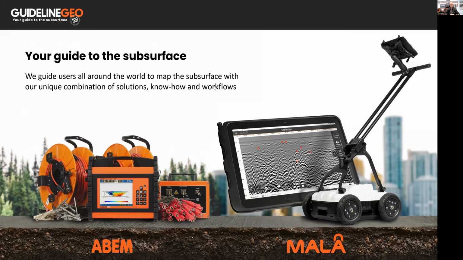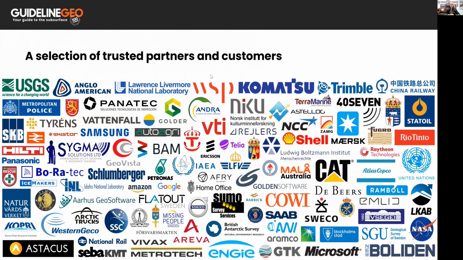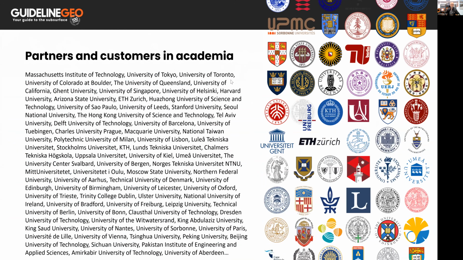So we've got two brands, Mala, which is the ground penetrating radar systems, and ABEM, which is resistivity, seismics, and time domain electromagnetic systems. And we have a huge number of partners and customers that we've been involved with over the years, both in the commercial sector and also the academic world.